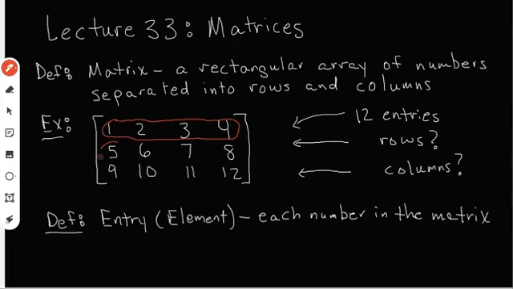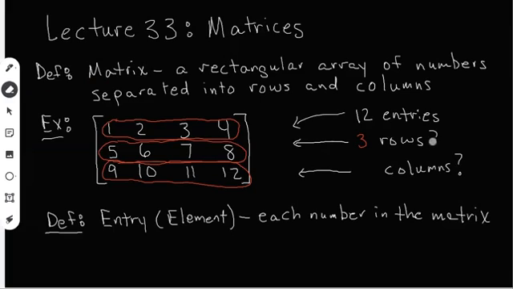And then this is going to be the second row. And this down here is going to be the third row. So how many rows does this matrix have? This matrix has 3 rows.